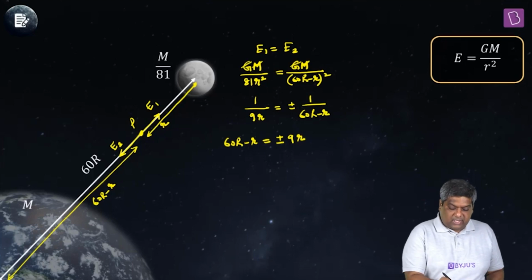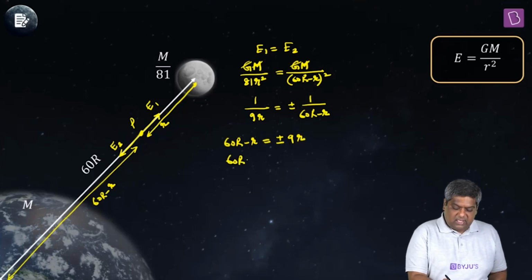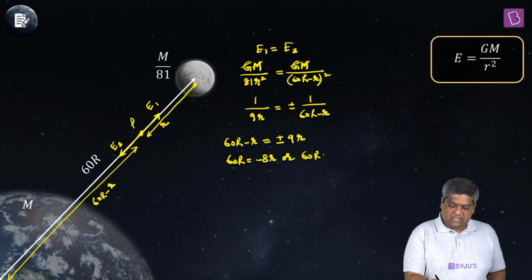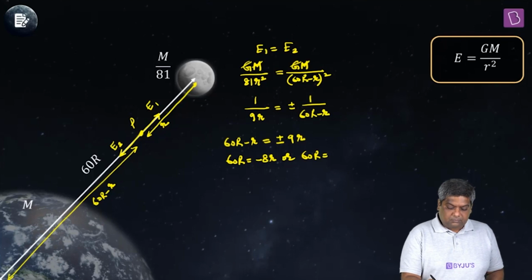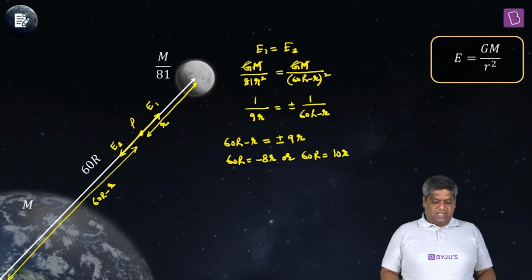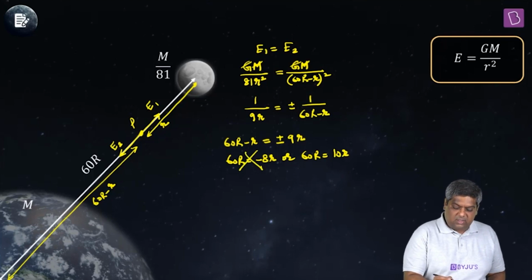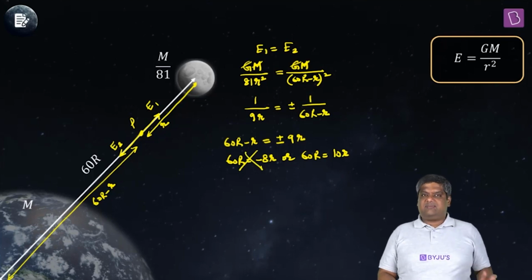So now I'll have 60R is equal to minus 8r, or 60R is equal to 9r plus r, which is 10r. Agreed?